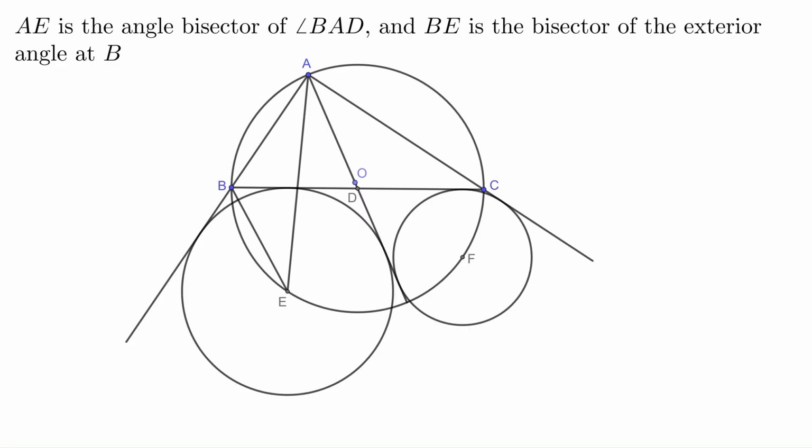Let AE be the angle bisector of BAD and BE the bisector of the exterior angle at point B. For simplicity, we set the measure of angles BAE and EAD as alpha.